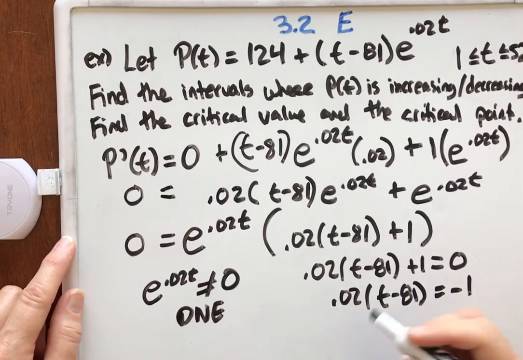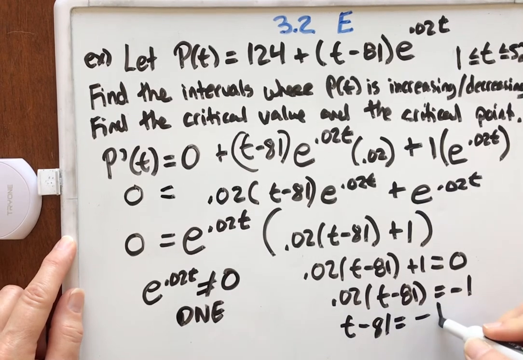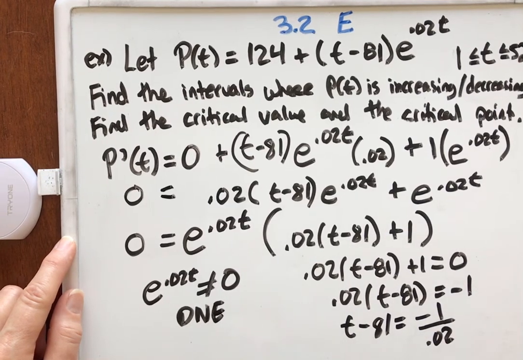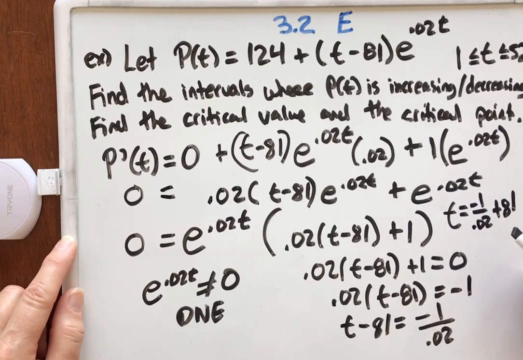Get this by itself, divide both sides by 0.02, and we get negative 1 over 0.02. All right. Now we're trying to get t by itself, so we're going to add 81 to both sides. Adding 81 to both sides, we get negative 1 over 0.02 plus 81. And if you put that into your calculator, you will end up with 31.